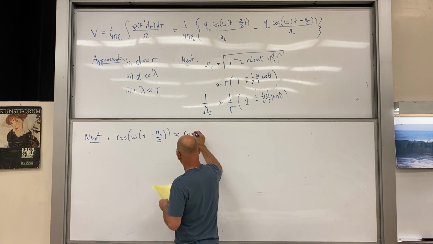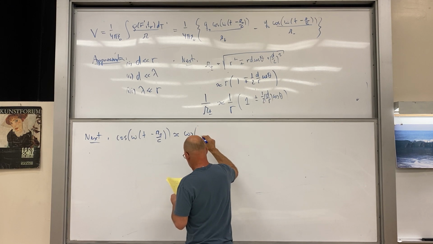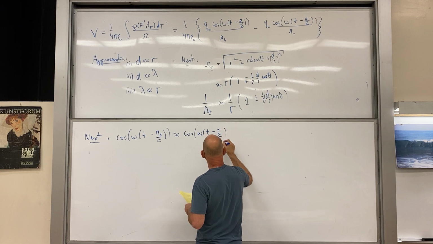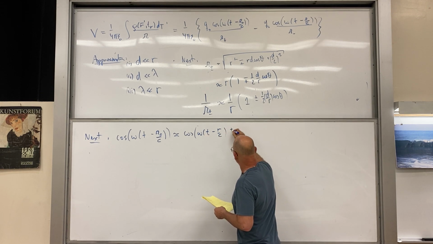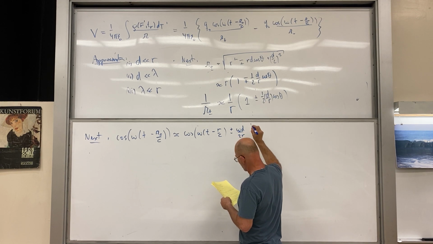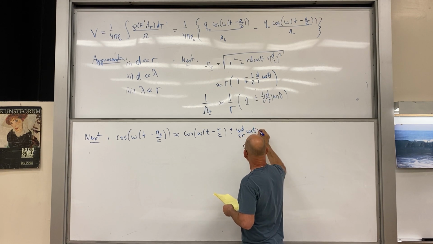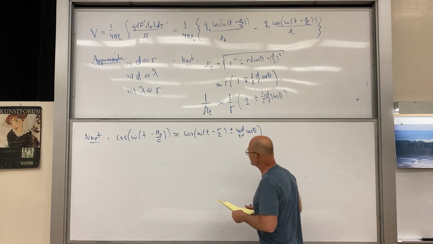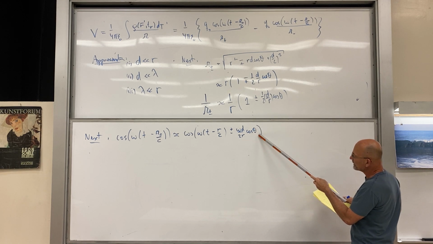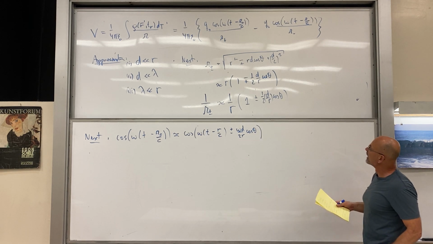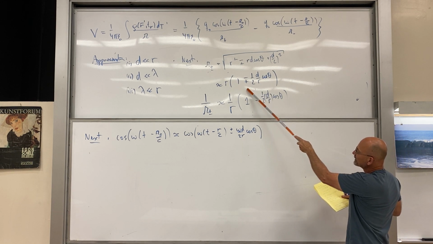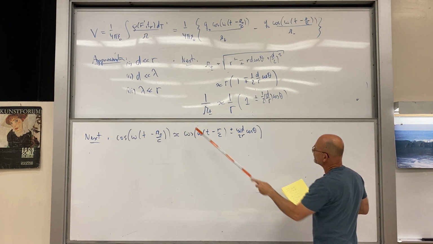We're going to have cosine omega t minus r over c plus minus omega d over 2r cos theta. That's all the argument of the cosine. Okay, so this cosine theta inside this cosine right here, just from having applied this expression here, and that r plus minus.